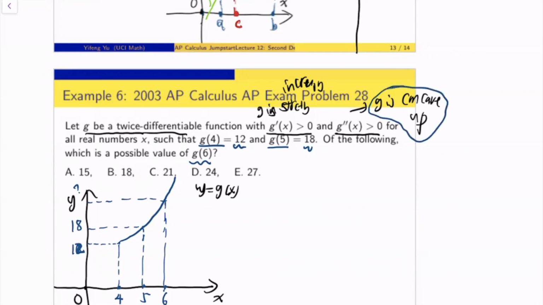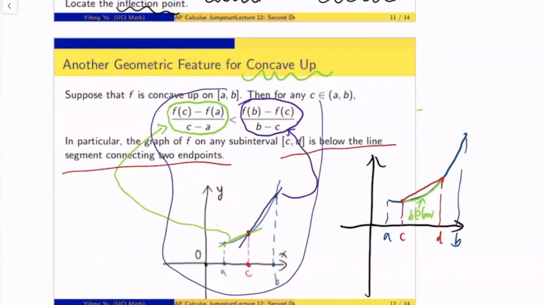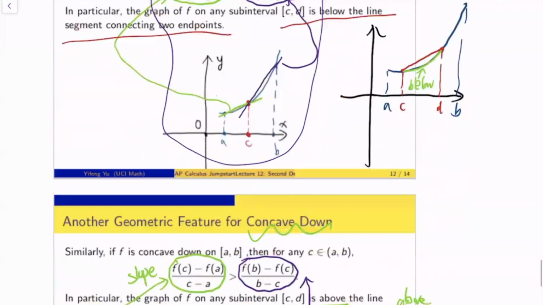For concave up, remember the geometric feature: if I look at the line segment of this and the line segment of that, the slope of the one on the right is larger.